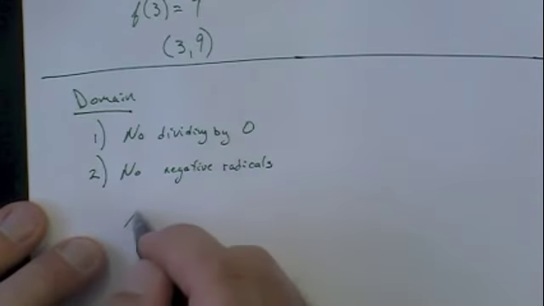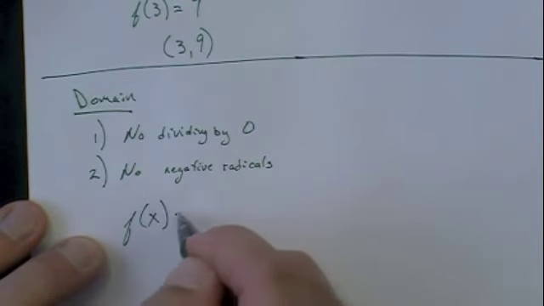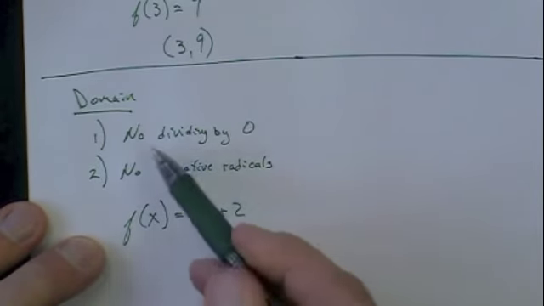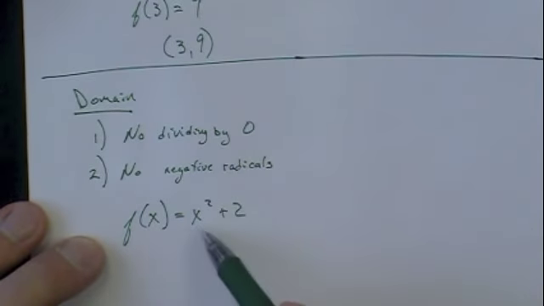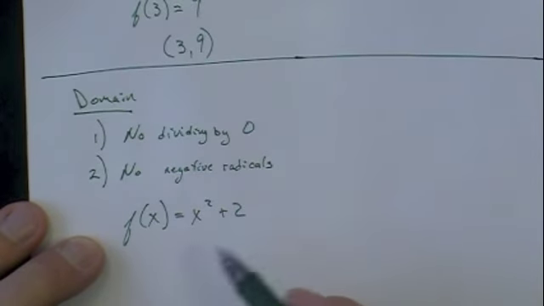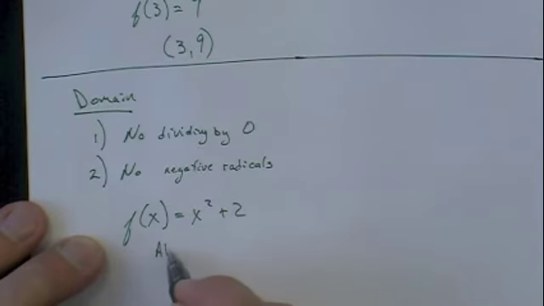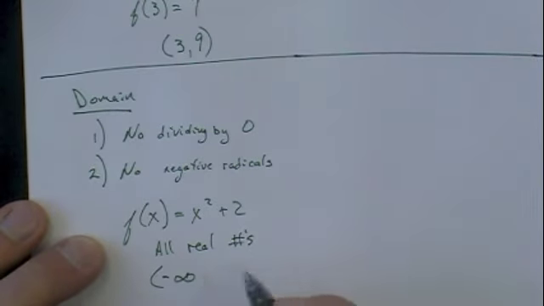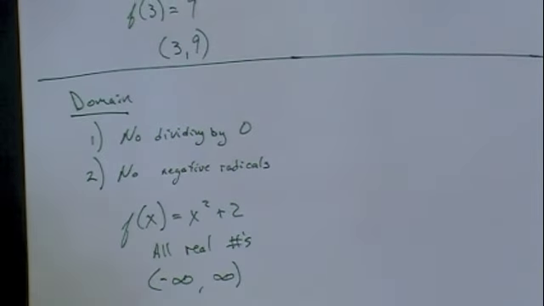So if we have something like f of x is equal to x squared plus 2, no dividing by 0, no negative radicals. Here we have x squared. We don't even have a fraction. We don't have a radical. So really there's no restrictions on this domain. We could be talking about our domain being all real numbers.